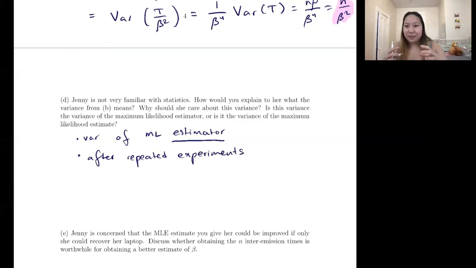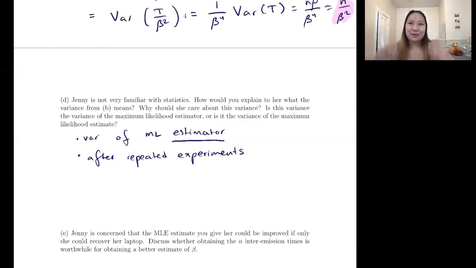We're going to do a bunch of independent experiments, and we're going to get a bunch of T's and a bunch of beta hats from these experiments. After this is all repeated over time, this is how much your estimate will actually vary.